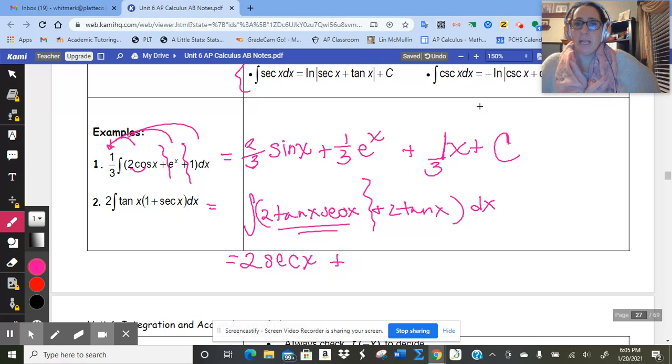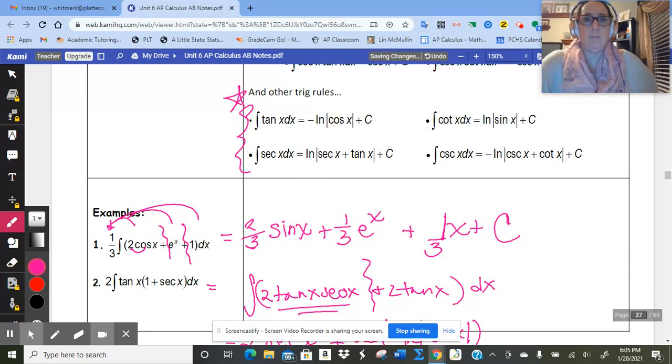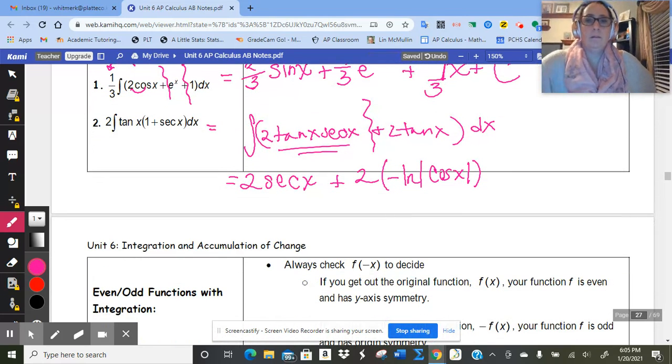Plus, here when I have my tan, my 2 goes along for the ride, and that is a negative ln of the absolute value of cosine x. That is the one up here that I want you to have memorized. And then I have my plus c. So feel free to rewrite if that's driving you crazy with the negative and the 2 and all that, but that's up to you.